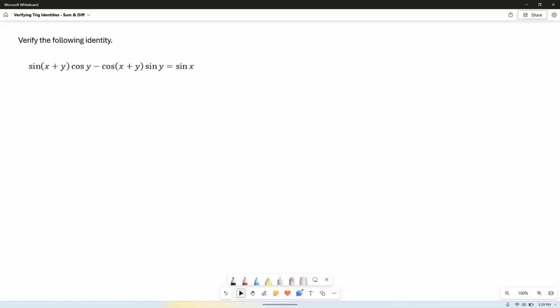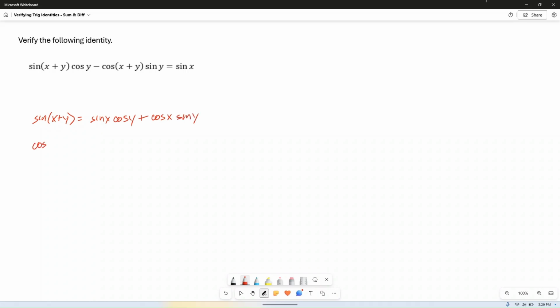Maybe the more obvious option is when we see that sine of x plus y and the cosine of x plus y, those look like sum identities. So we know that the sine of x plus y has to equal the sine of x, the cosine of y, plus the cosine x times the sine of y.